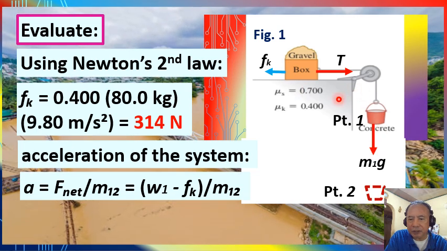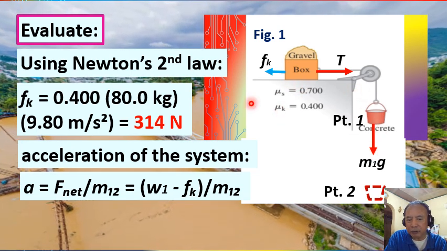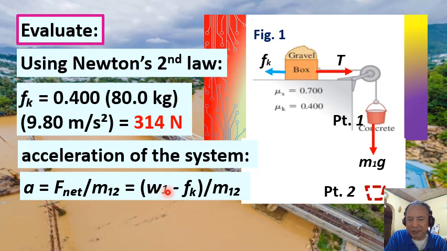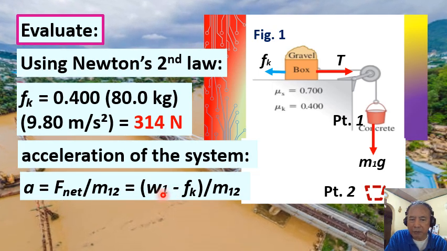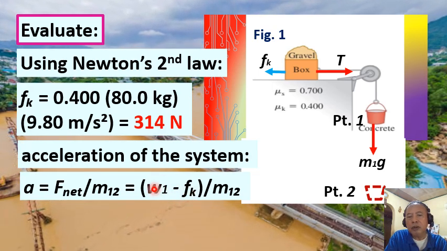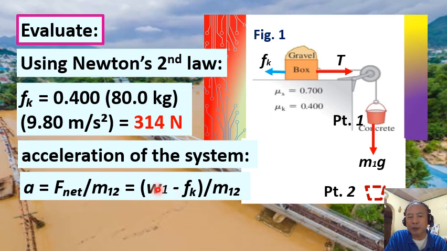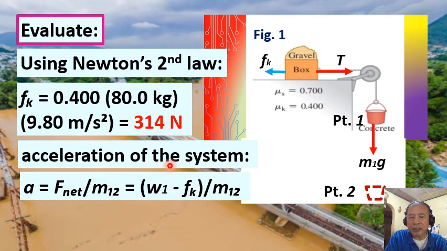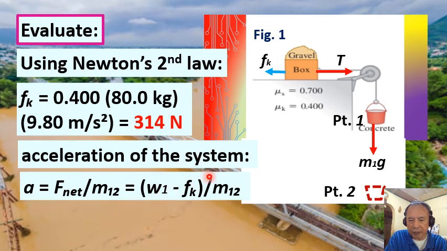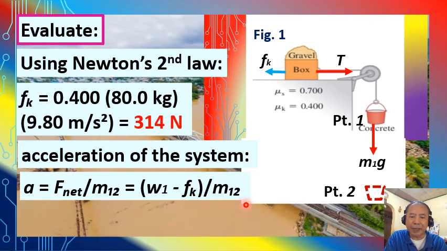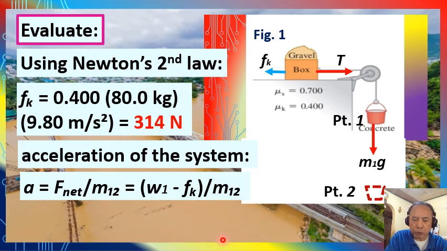The other force is the kinetic friction, Fk. So the difference, W sub 1 minus Fk, constitutes what we call the net force acting on the system. And we divide that, of course, by the combined mass m sub 1, 2.